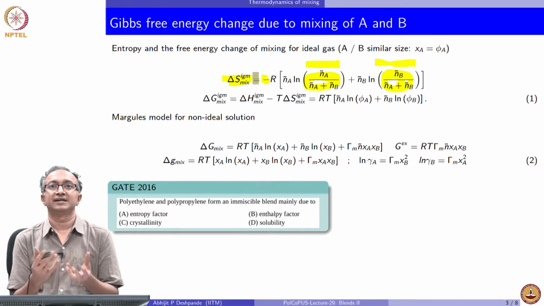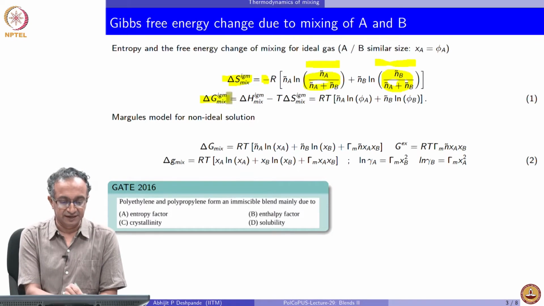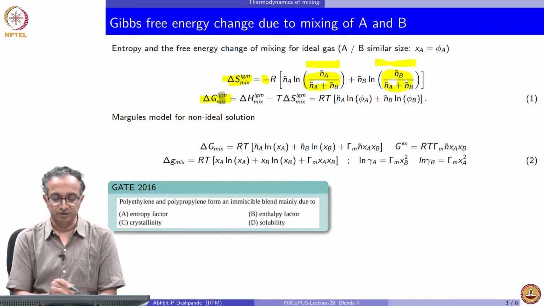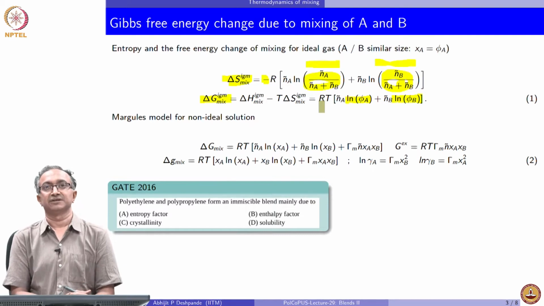And so we know that ideal gases will always mix with each other. On the other hand, the free energy of mixing is always negative because both of these quantities are individually negative, and therefore ideal gases are always miscible with each other.